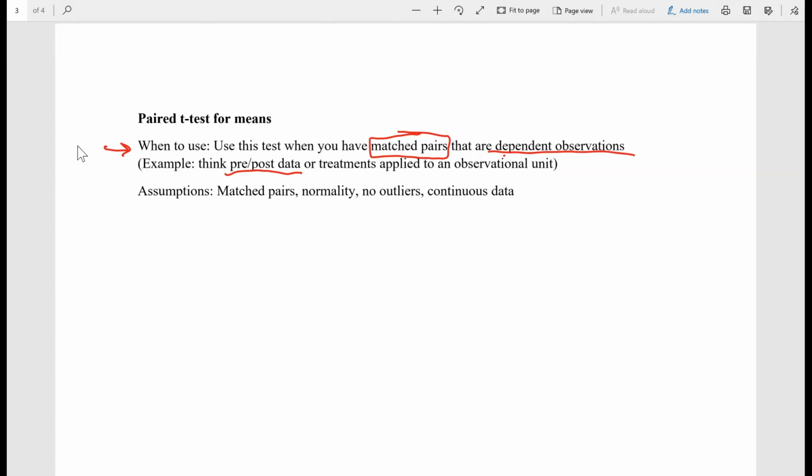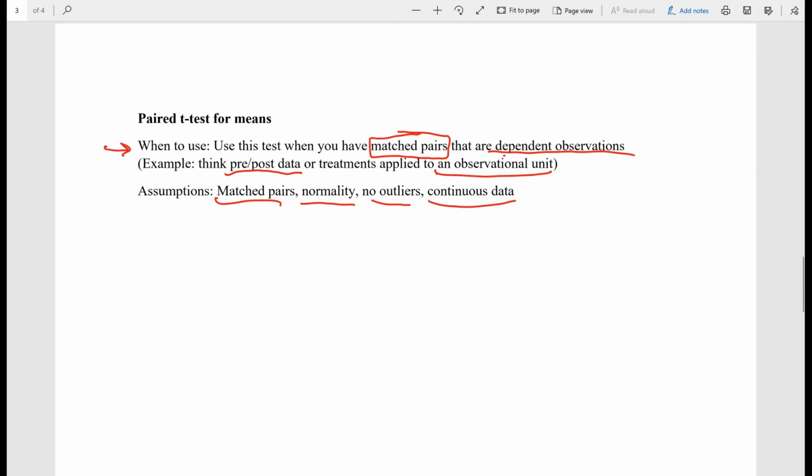But you're basically doing it on one particular subject, so it's being applied to an observational unit. You're doing it twice for those people. Think about it that way. So you need matched pairs, you need some sort of normality, you need no outliers, and you need continuous data.